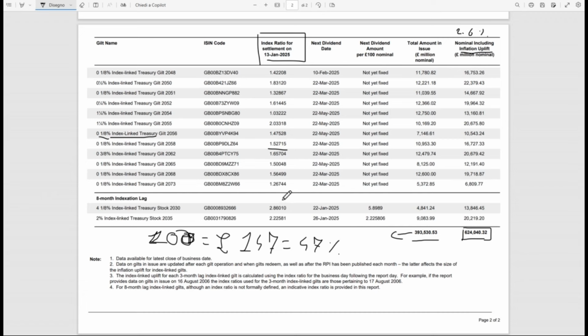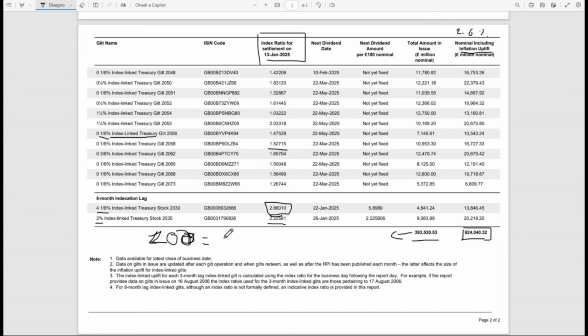Alright, now look at this, 2.86, 2.22. So the cost of borrowing £100 has more than doubled. Why? Because of inflation, right? It's a larger coupon, 4 and 1, but the index ratio is much larger.